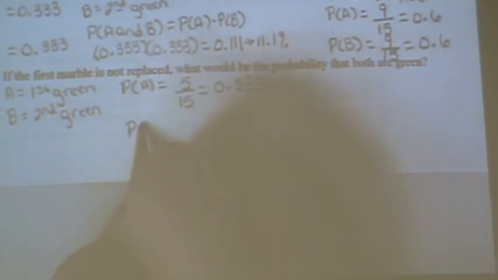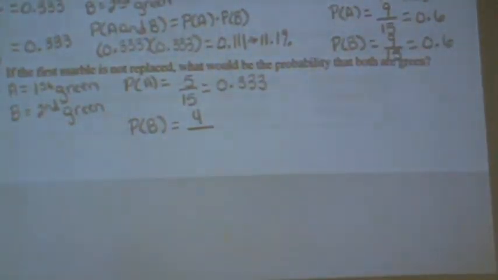Now for probability of B, we have to take into consideration our first event. So we're assuming that we've chosen a green marble, and we're not putting it back in the bag. So how many green marbles do we still have? 4.